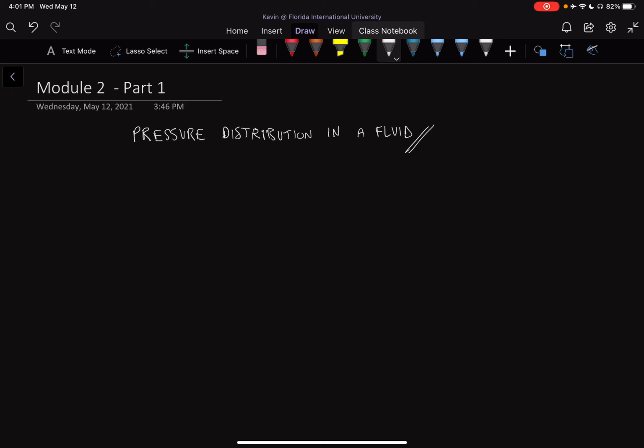The first thing we're going to say is that when fluid velocity is zero, so looking at a fluid with zero velocity, we call this a hydrostatic condition.